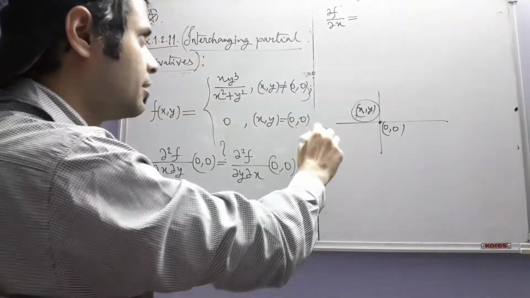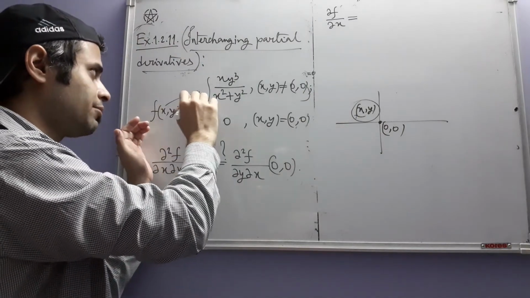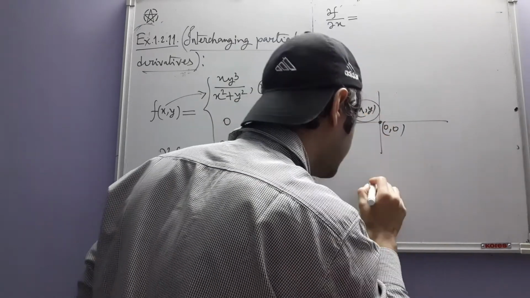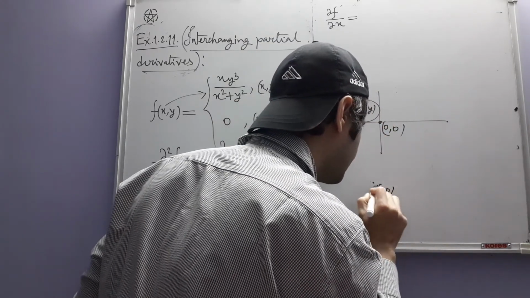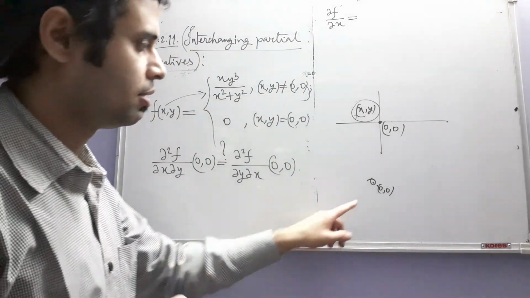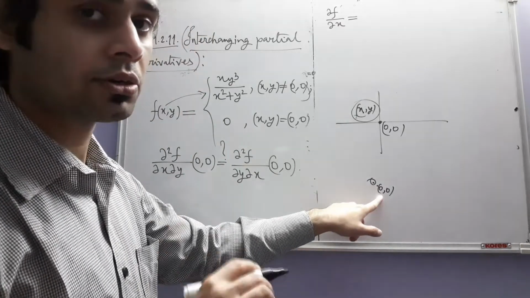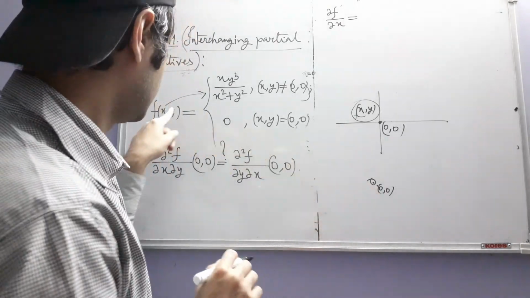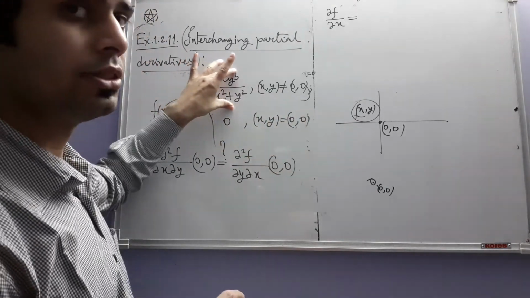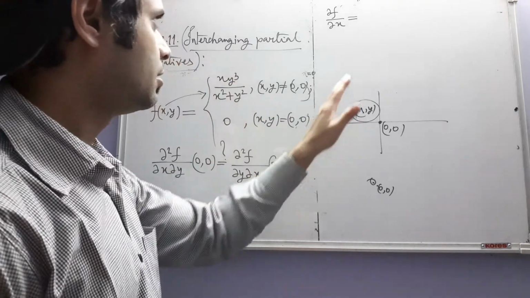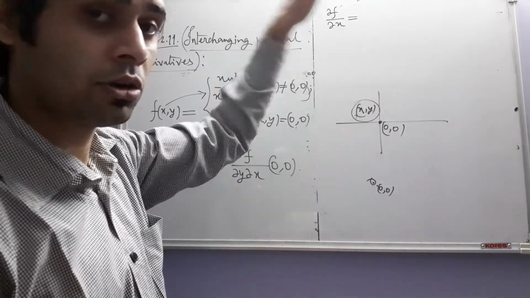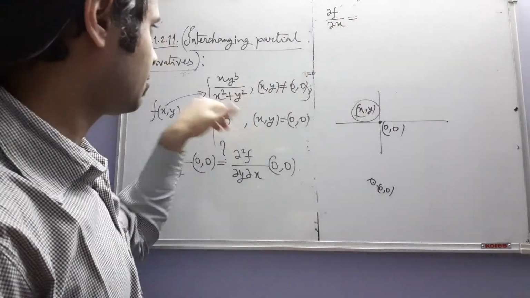So in that neighborhood, the definition of the function is this itself. No matter how close this point is to 0, 0, I can always take a sufficiently small neighborhood around that point which does not contain 0, 0, so that the function is not this complicated one but a slightly less complicated one, this one. So that's why while I calculate the derivative at a non-origin point, I just have to consider this formula.